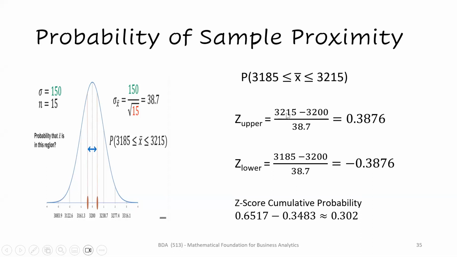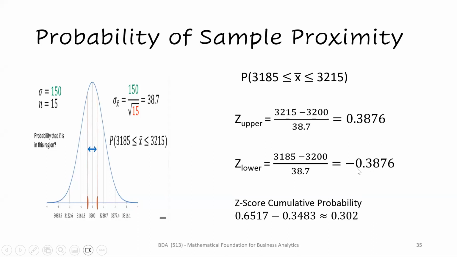And then our z upper is 3,215 minus 3,200 divided by 38.7. That gives us 0.3876. Now for z lower, we use the lower value, that is 3,185 minus 3,200, divided by the standard error of the mean, that is 38.7.